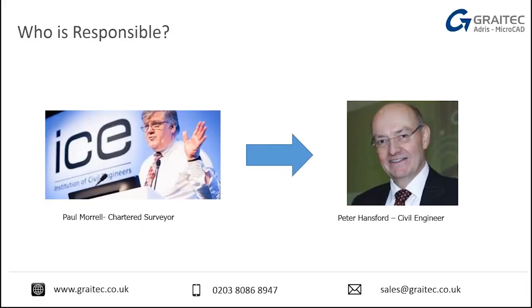And one of the things I always say about BIM is if it doesn't do anything, the main thing it does do is it opens communication links, and it makes communication clearer. Paul has since stepped down, and that's now been handed over to Peter Hansford, who's a civil engineer. So the whole process is moving forward, and it's still going to happen next year where they start to mandate this on government-funded projects.